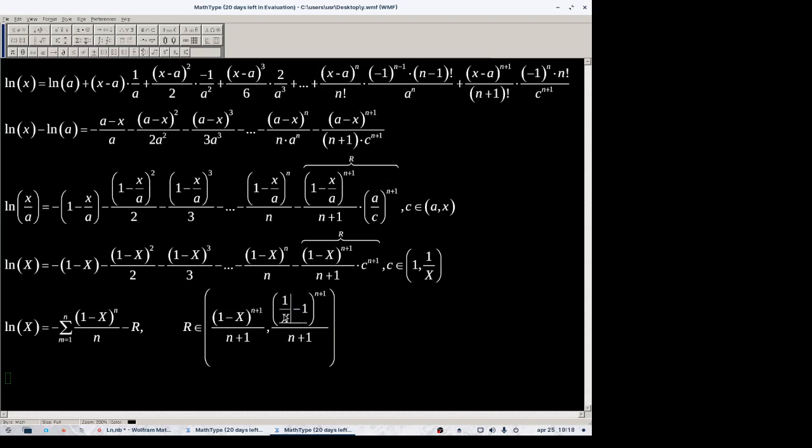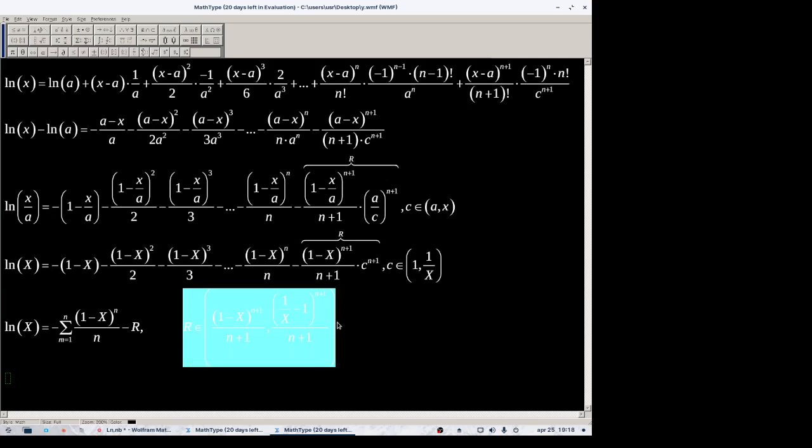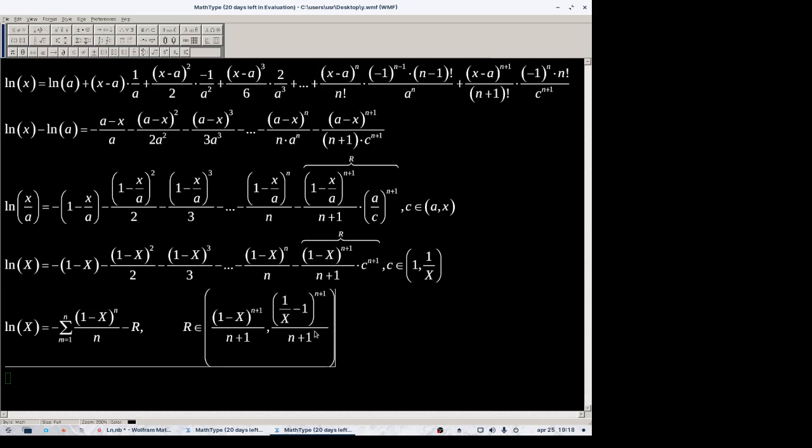If you analyze these values, x and also 1 over x, that means that if x is greater than 2, like 3 for example, we will get here minus 2 to the power of n, which, when n tends to infinity, means that we get an infinitely large value. So the remainder term is not something we can normally use to approximate.